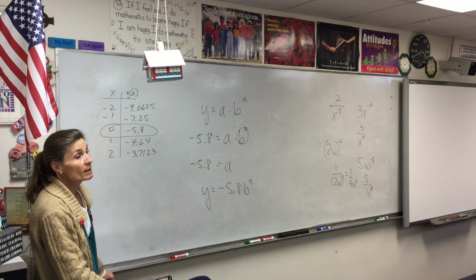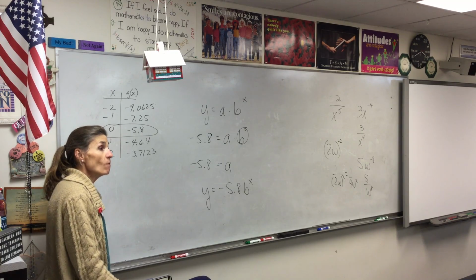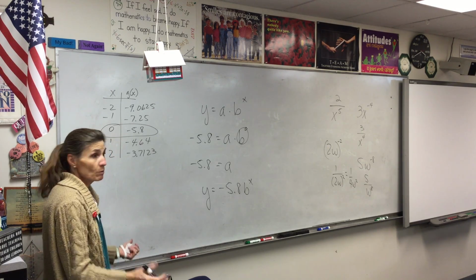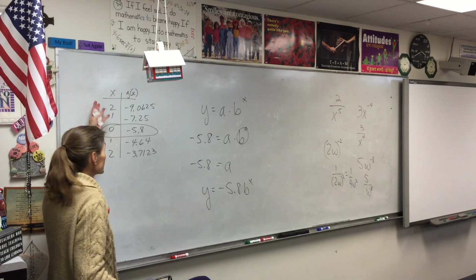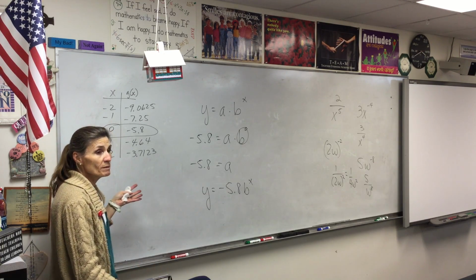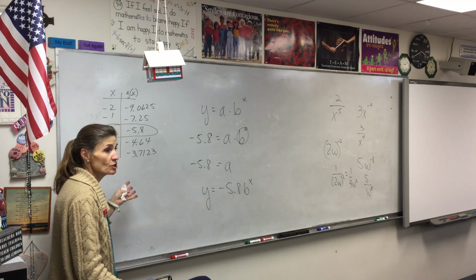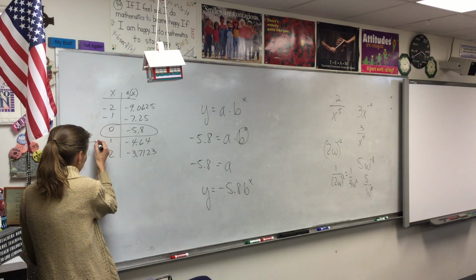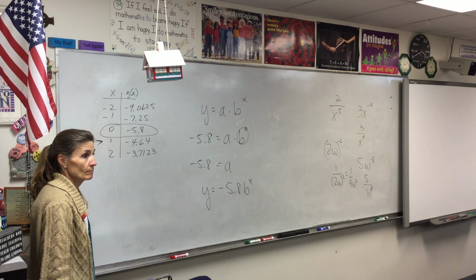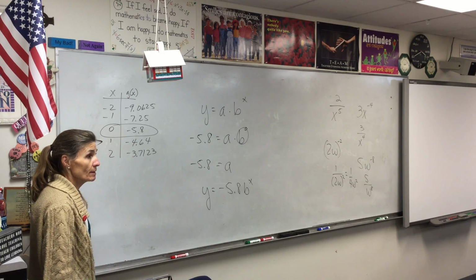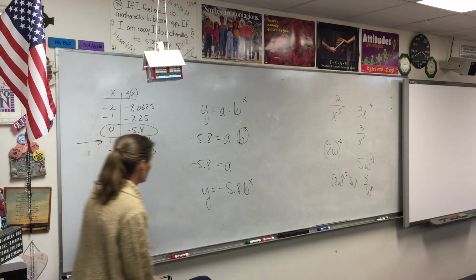Plug in another point. Yesterday we only had one other point, but now you get to pick. Which one would be the very simplest one to use? So I'm going to use that one, but you can use any one you want.